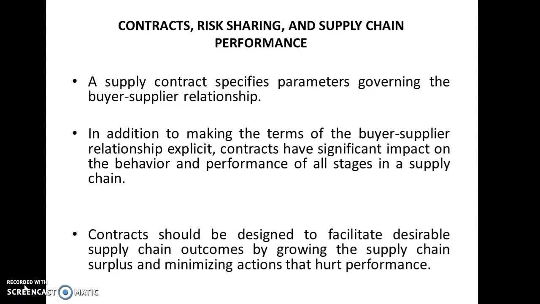Let us discuss the topic contracts, risk sharing, and supply chain performance. First, let us see what is a contract. Contract is a written agreement between manufacturer and supplier for supplying the finished products or raw materials or components or delivering a particular service.